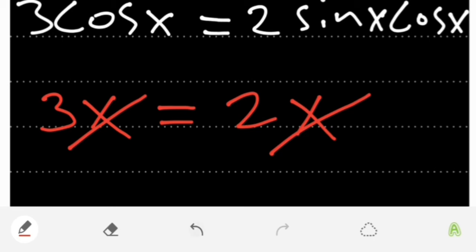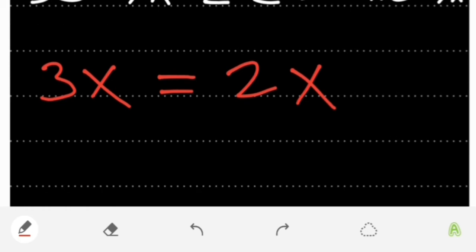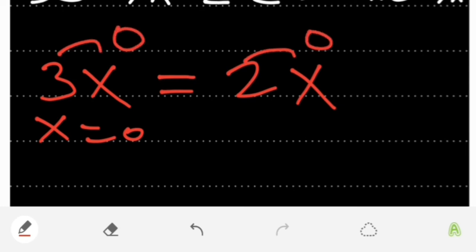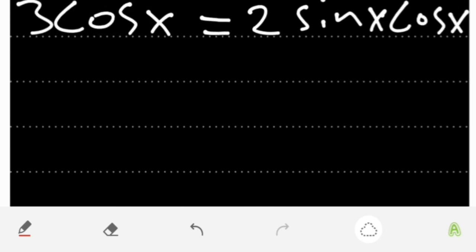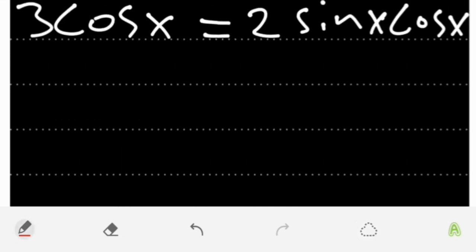But this is not right, this is wrong. So when is this equality true? When x equals 0. If x equals 0, 3 multiplied by 0 is 0, and 2 multiplied by 0 is 0, okay? So you can't just cut it, you need to make the conditions for when this is happening.